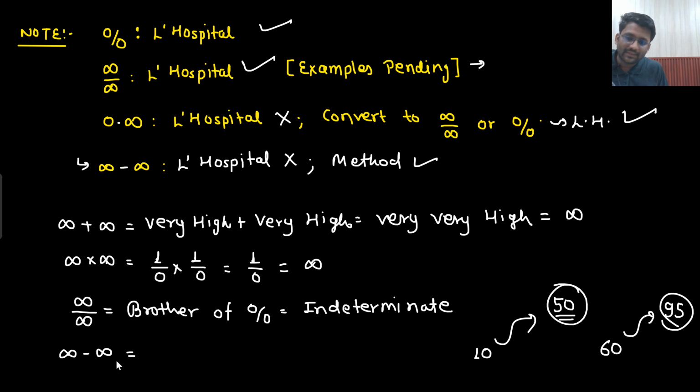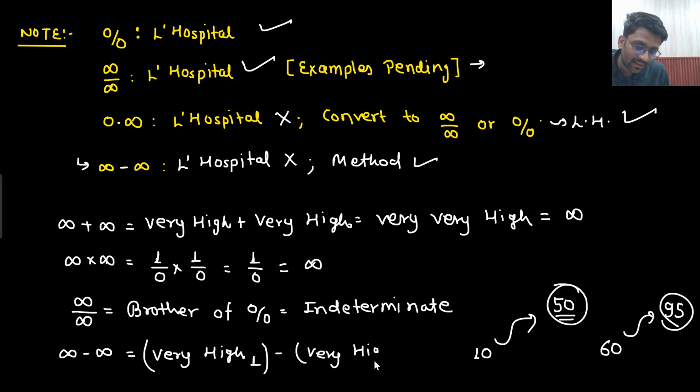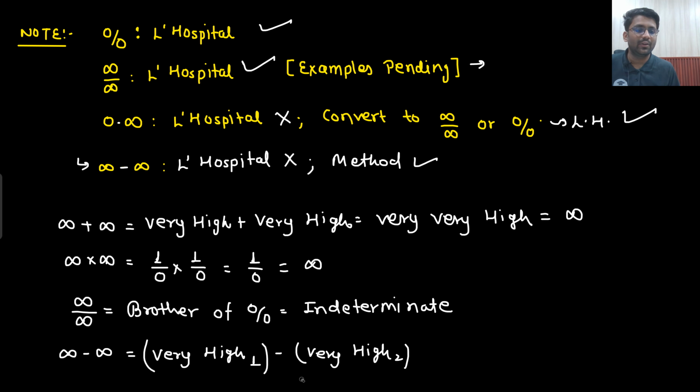So this is also high, this is also high. So infinity, this is very high, but how much high, that I don't know. So very high, 1 I am writing, minus, this is also very high, but how high? You cannot tell, no? So again it is indeterminate. Did you understand why? You are subtracting a high value from a high value, but how much higher, how much lower, you don't even know.